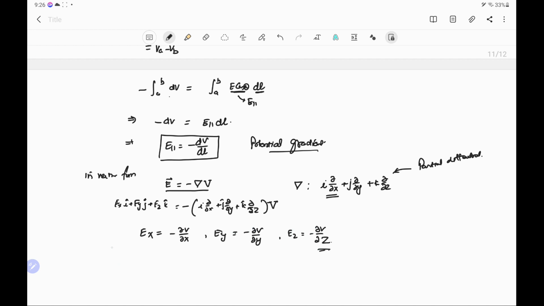So we can say here that the electric field E is the negative gradient of electric potential.